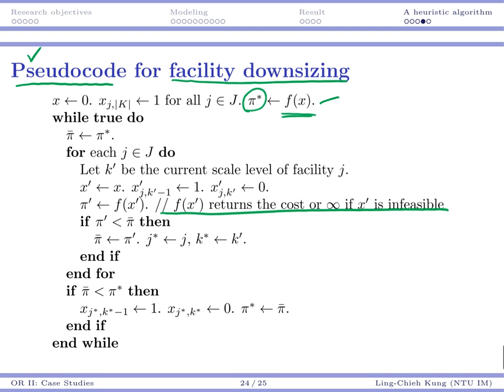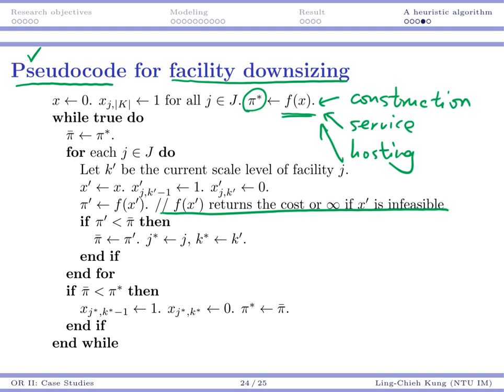So it certainly has the construction cost. It also has the customer service cost, and it has the hosting cost. So in the function f, we evaluate all these things, okay?